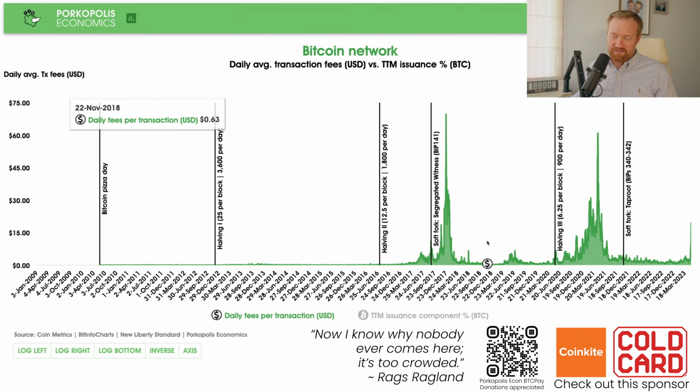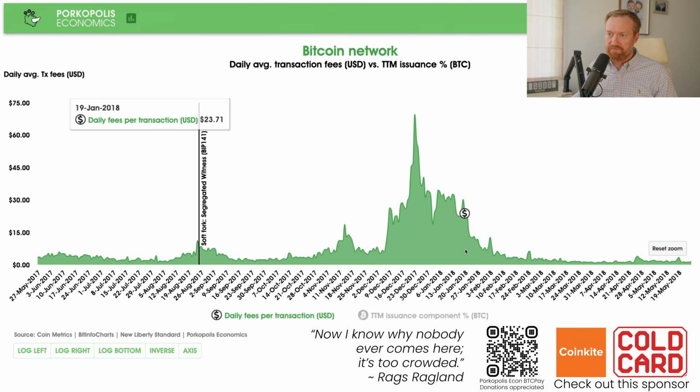But let's look at, as I said, the two main spikes here. We have one, let's zoom in, 2017, the famous segregated witness soft fork, SegWit, BIP141, which was activated here in August 2017. The Bcash chain forked immediately thereafter, and Bitcoin continued on.